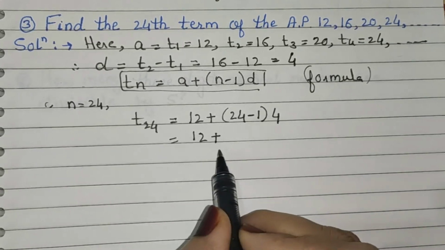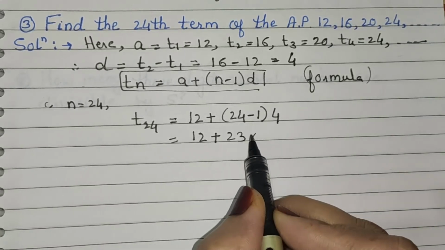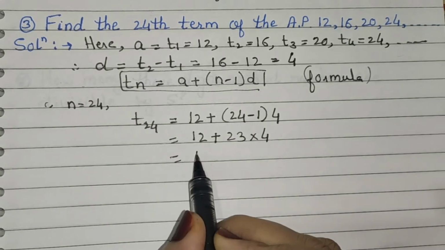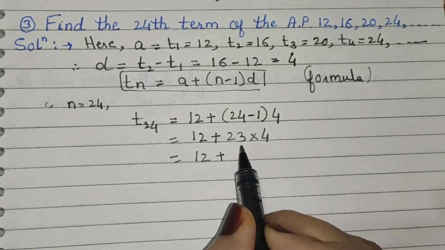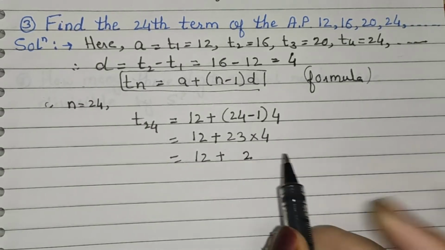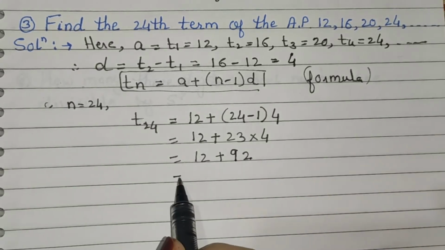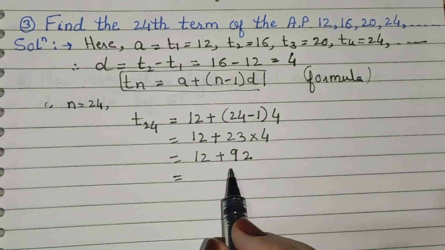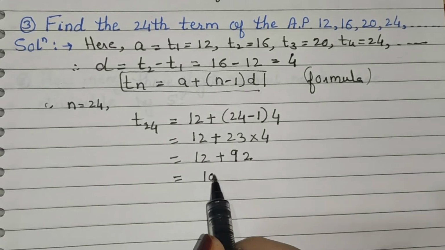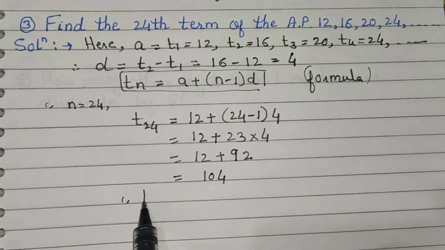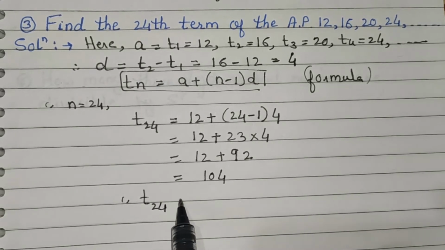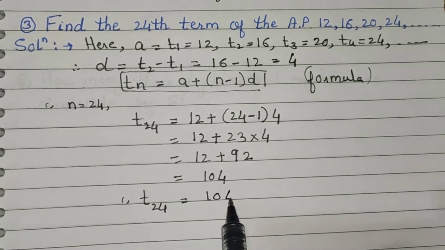Solve it. 12 plus 23 into 4. Now 4 3s are 12, 2 carry 1, 4 2s are 8 plus 1 is 9, so 92. Now adding these two numbers we get 104. Therefore the value of T24 is equal to 104.